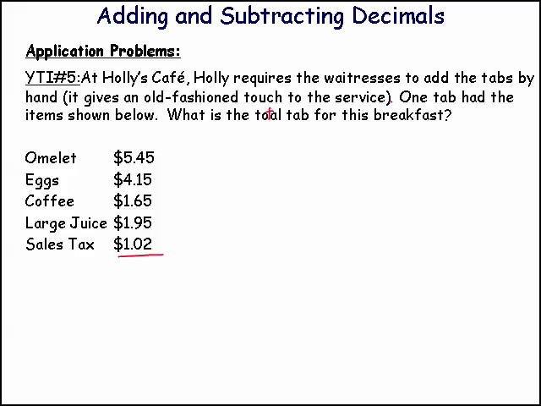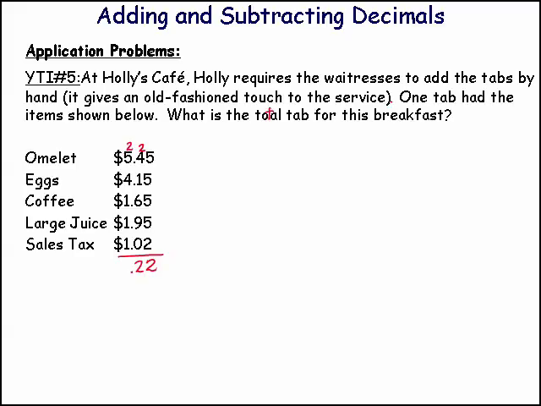5, 10, 15, 20, 22. Okay, so we have 22 there. 15, 16. So what do we have here? We have a total of 6. 6 plus 1 is 7. 7 plus 6 is going to be 13. 13 plus 9 is going to be 22.